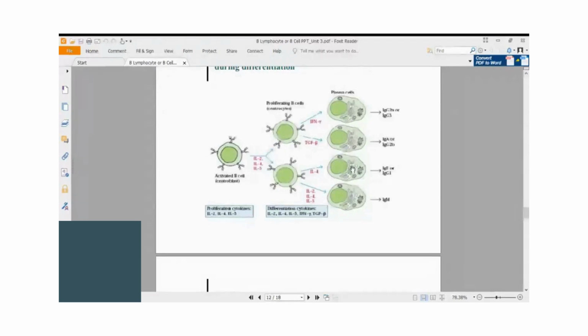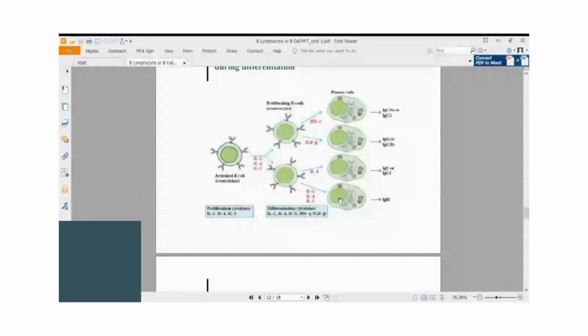Then suppose it is a particulate antigen. Let's say it is the bacterial cell itself, or it is a viral particle. Then the class switching mechanism will not take place. The centrocyte will respond to the cytokines like IL-2, IL-4 and IL-5, to which it had responded earlier, and it has started producing IgM as a first antibody.